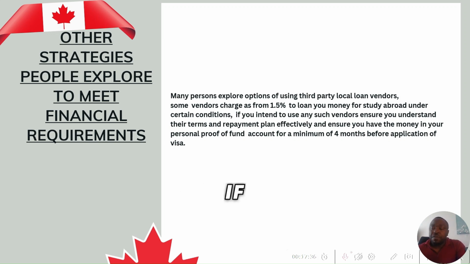If it works for you, get from them, have the money in your account for a minimum of 4 to 6 months. If you are using a vendor, then when the account has stayed like 4 months, apply for your visa.